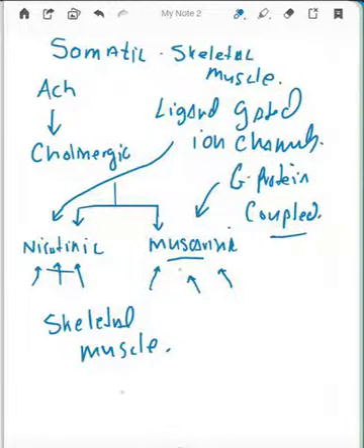The particular nicotinic receptor of the somatic nervous system that I'm going to talk about actually has a special name, and that receptor exists within an area known as a neuromuscular junction.